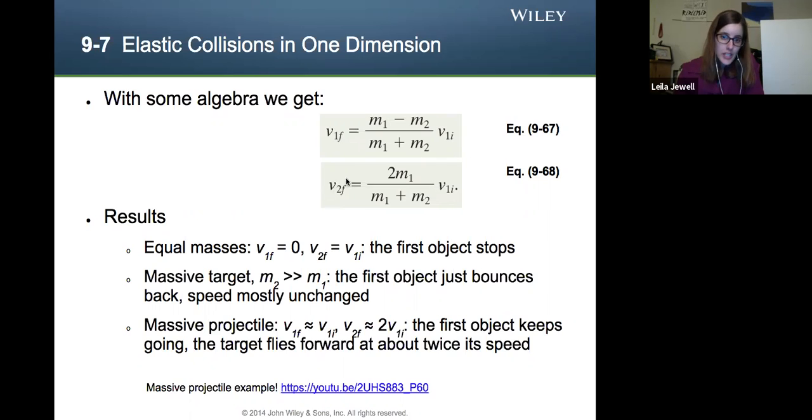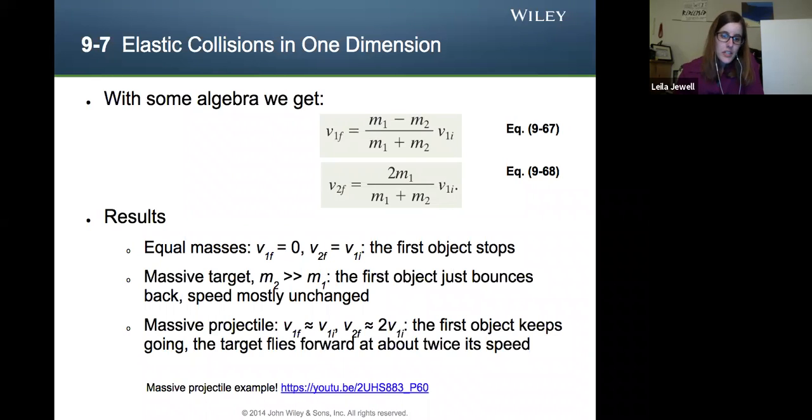And similarly, the final velocity of object 2 is equal to 2 times the mass of the first divided by the total mass times the initial velocity of 1. There's no term for the initial velocity of 2 because that's 0, because we're assuming that's a stationary target. So this is a useful result that you can take if it meets the right scenarios to use this equation.